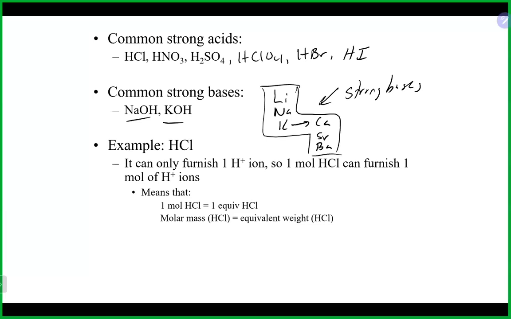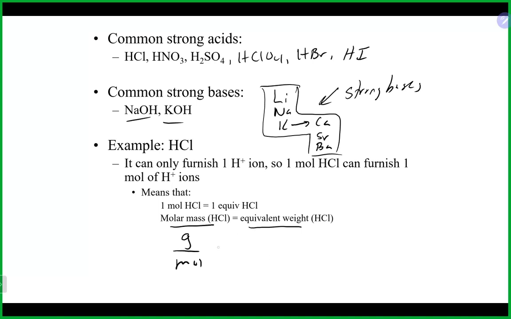So as I mentioned before, because HCl can only furnish one H plus, 1 mole of it will give you 1 mole of H plus ions, and that will essentially give you one equivalent. Now, because of that, the molar mass will actually equal the equivalent weight, and that is because the molar mass would be grams per mole.